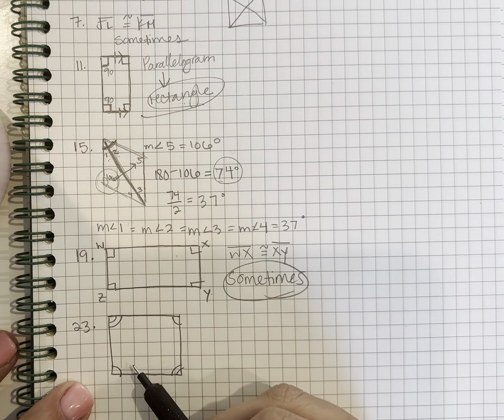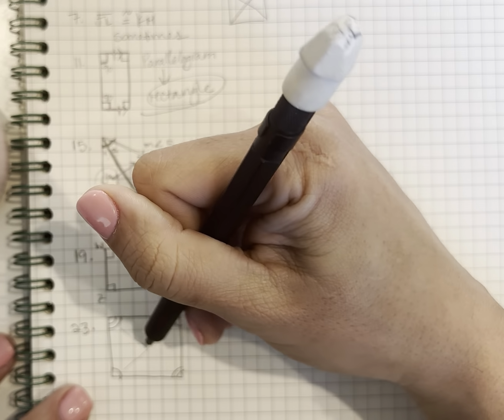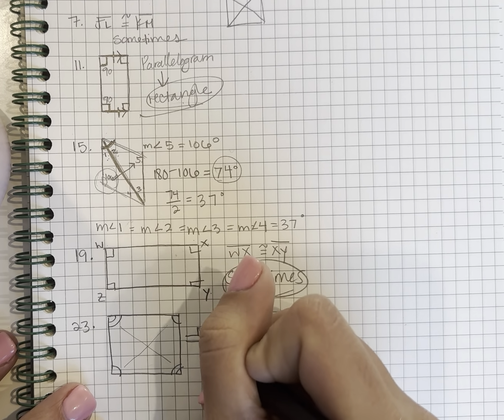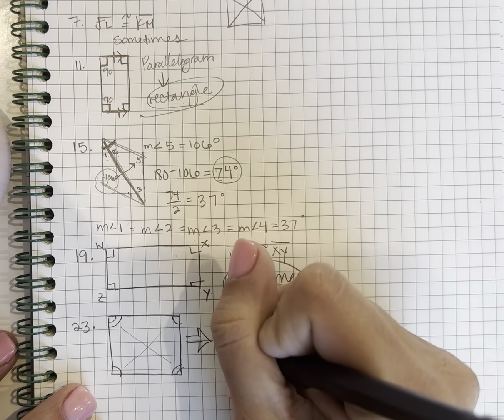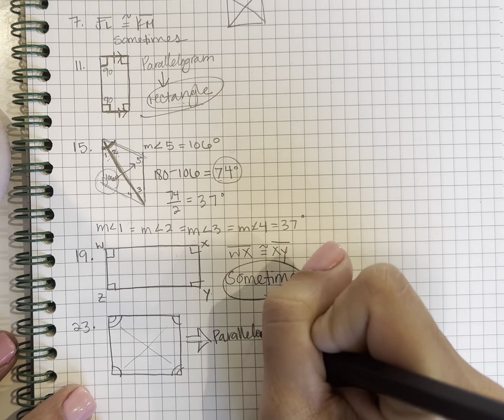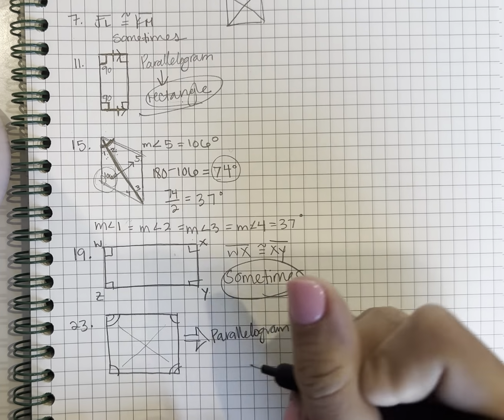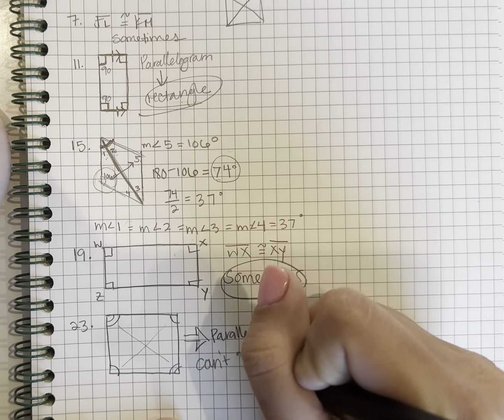So what this is, is opposite angles congruent. And if you remember that opposite angles theorem that we went over, that only definitively tells us that we have a parallelogram. And that's as specific as it gets. We don't know enough to call this a rectangle. Can't call it a rectangle.